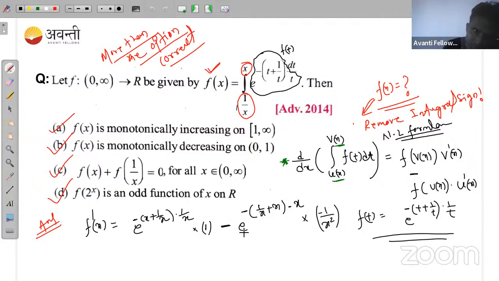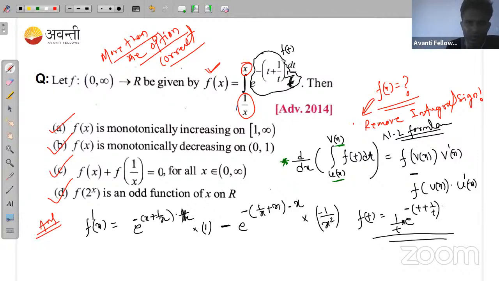जी क्लियर? So basically this function is like this only. ये जो 1/t है ये एक्चुअली मल्टीप्लाई हुआ है, ये e के पावर में नहीं है. बेसिकली f of t is like this: 1/t into e to the power this. ठीक है, ये ऐसा है, 1/t अलग सा. ठीक है.